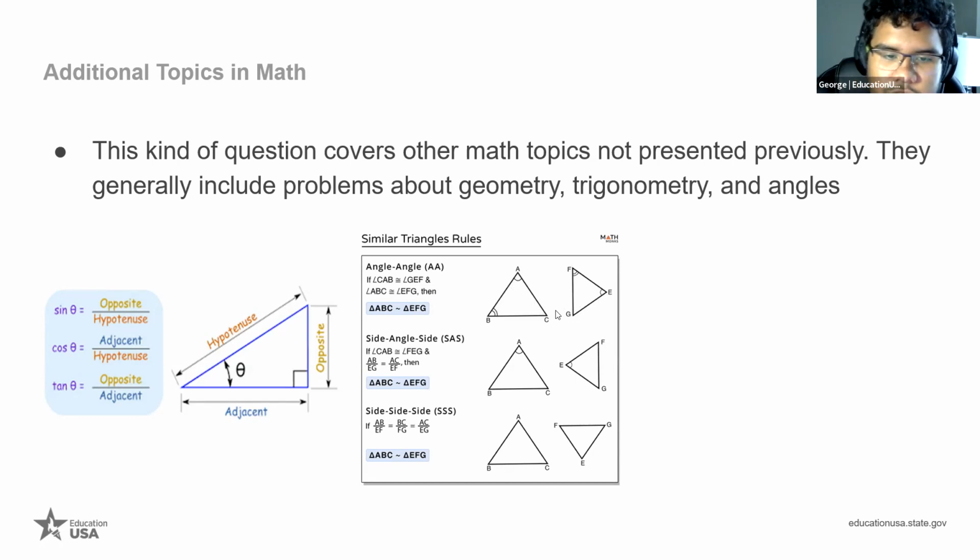The second test you can do for this is side angle side. First, you check if two corresponding angles of the triangles are the same. And then you check the proportions of the corresponding sides that are next to the angle. So AB and EG correspond to each other in these triangles.